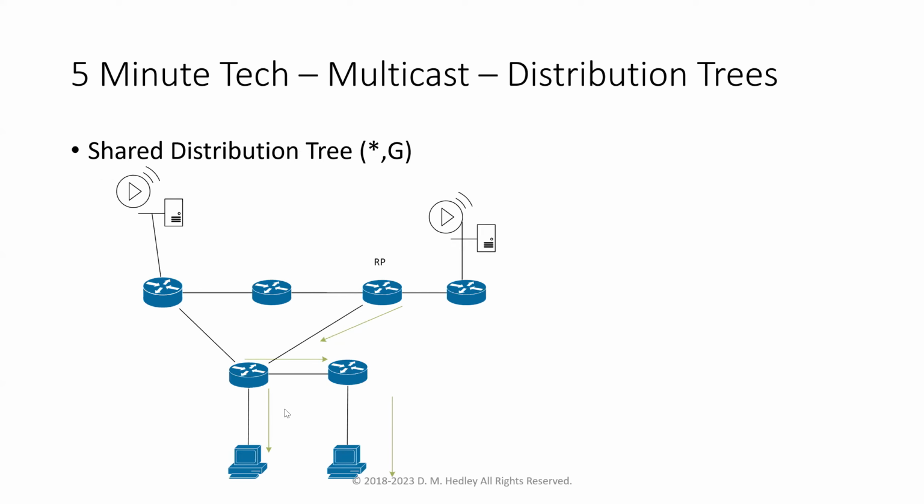But I can also have these shared trees. These shared trees, for the most part, are really talking about rendezvous points. We're going to get into rendezvous points in some future talks. There'll be a star rather than an IP address. The rendezvous point is the place where we're connecting senders and receivers.